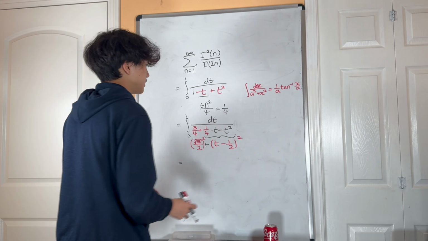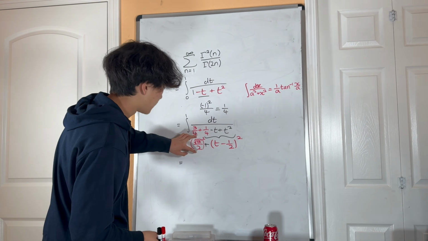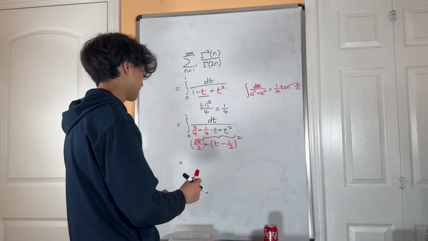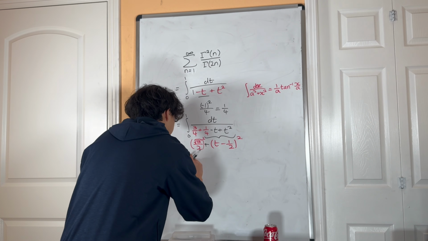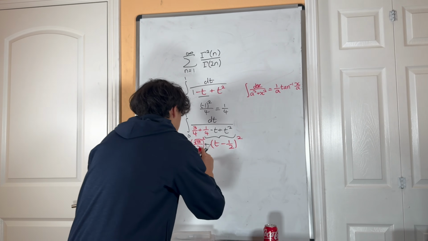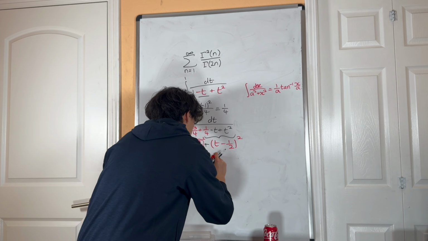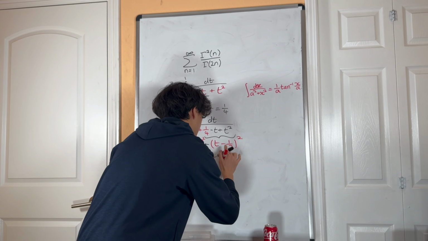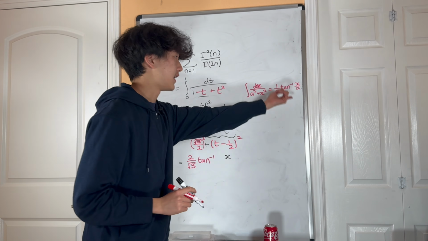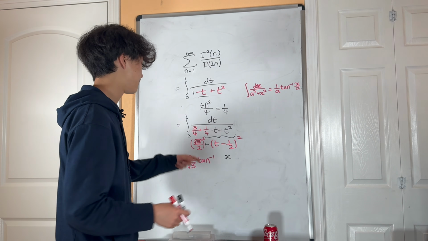1 over a is just the reciprocal of a. And our a value is this right here, root 3 over 2. So if we want to take its reciprocal, that's going to be 2 over root 3. Next we have the arctangent. In here we're going to have an x, and then we're once again going to divide by a, or multiply by the reciprocal of a.